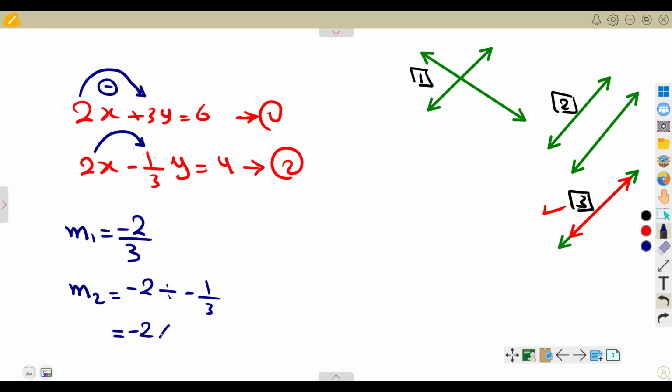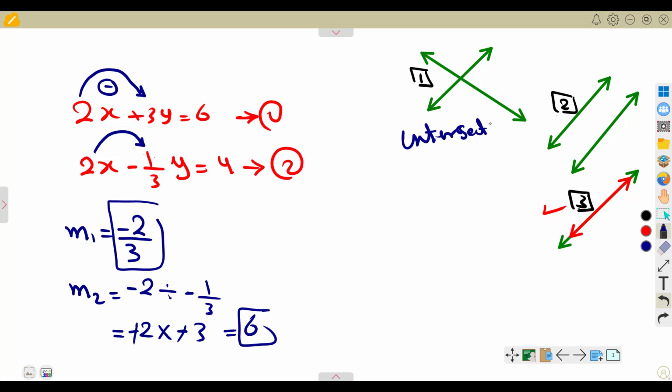So it will be negative 2 multiplied by 3 over 1, which is negative 2 times negative 3, which is 6. So are they different in the slope or not? The slope here is 6. The slope here is minus 2 over 3. So the two lines are intersecting.